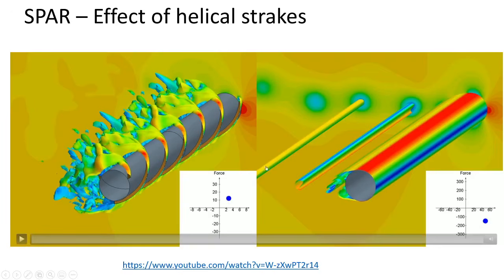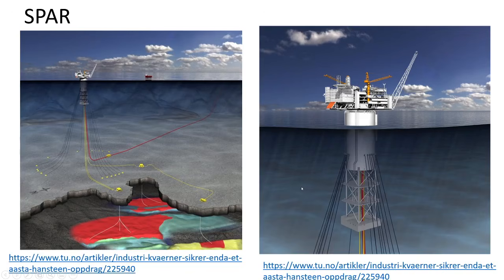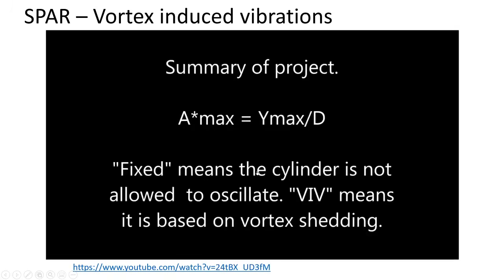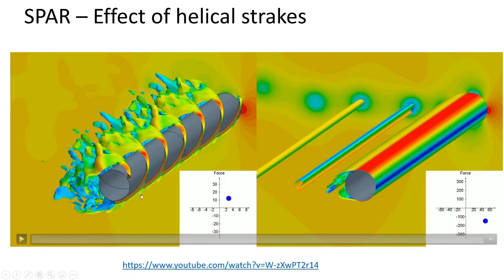So you see here, that's why something curious about spars is that typically they have these helical streaks. And the intention is that by doing that, they are avoiding this vortex shedding, or they are controlling the vortex shedding. So they break a bit the cyclic nature of the vortex shedding, and they make it less regular.